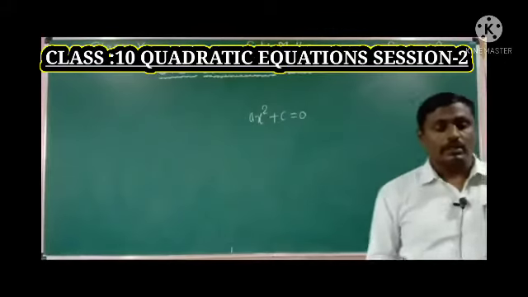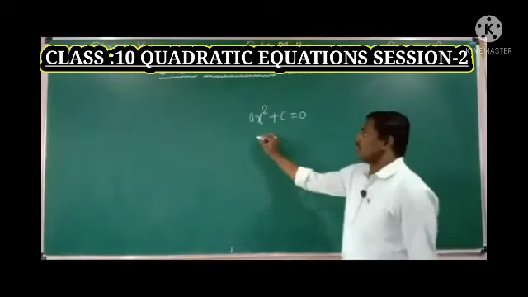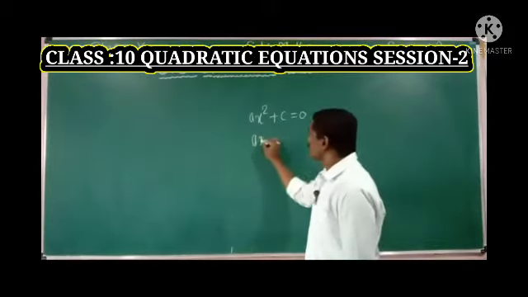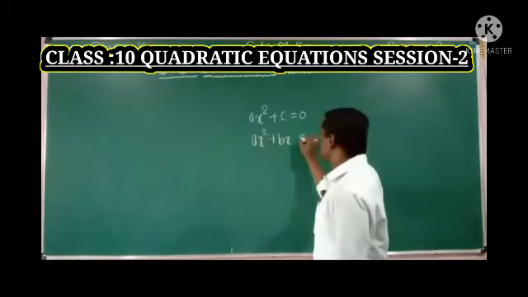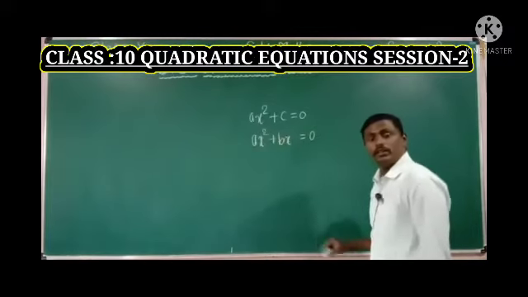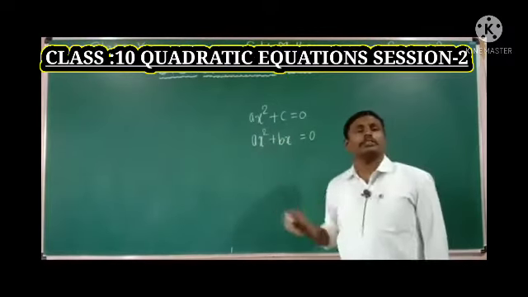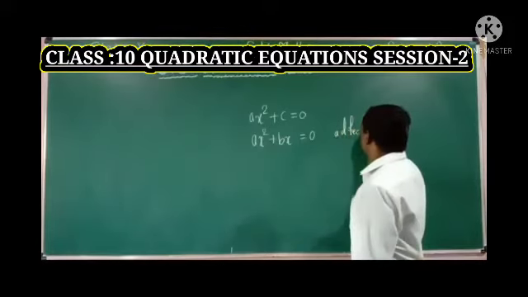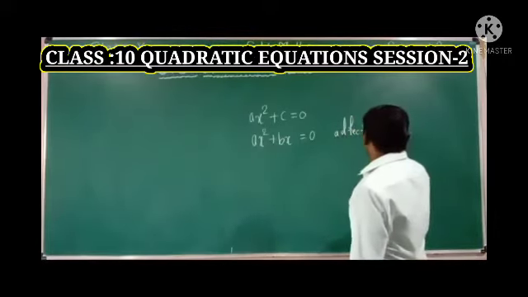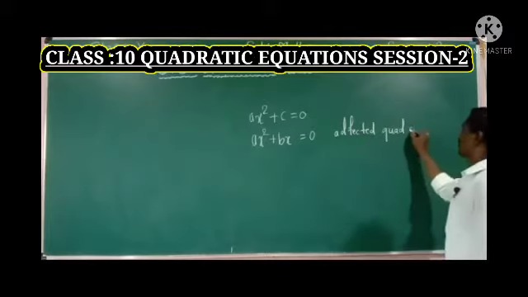And as already discussed in the first class, ax square plus bx is equal to 0, these types of quadratic equations are called adfected quadratic equations.